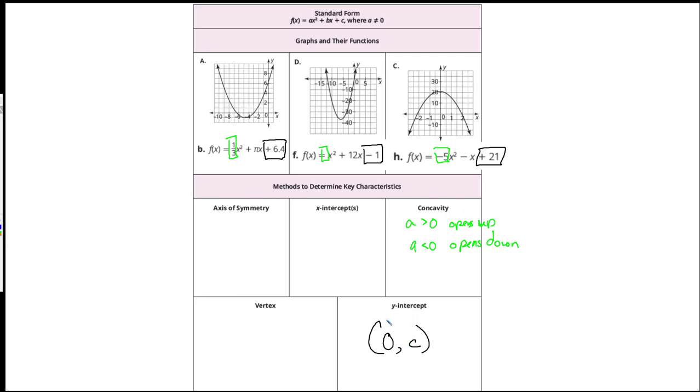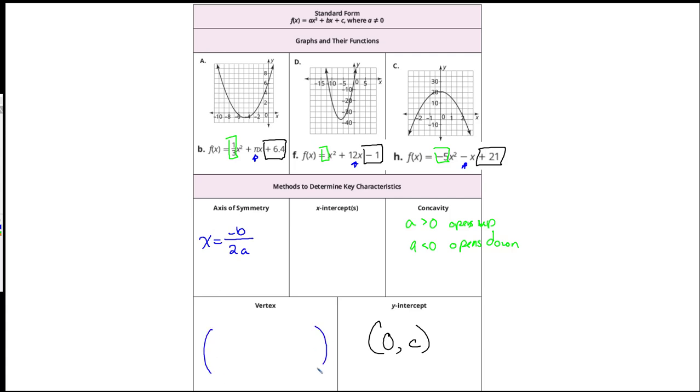So those two are the two easy things that you can identify from the function. And we are needing to find axis of symmetry and x-intercepts. So let's go through axis of symmetry first. This is x equals negative b divided by 2 times a. So remember, b is this number here, and a is the one that helps us open it up or down.